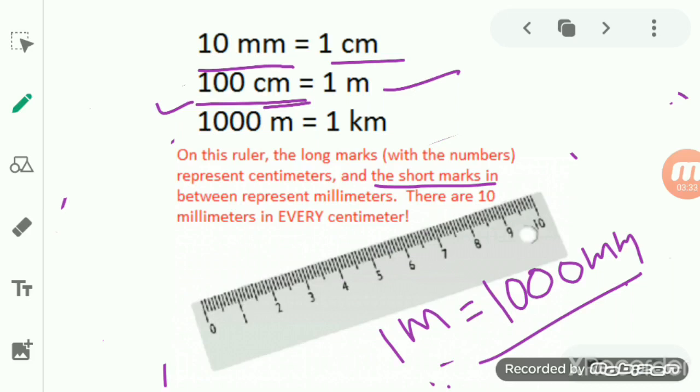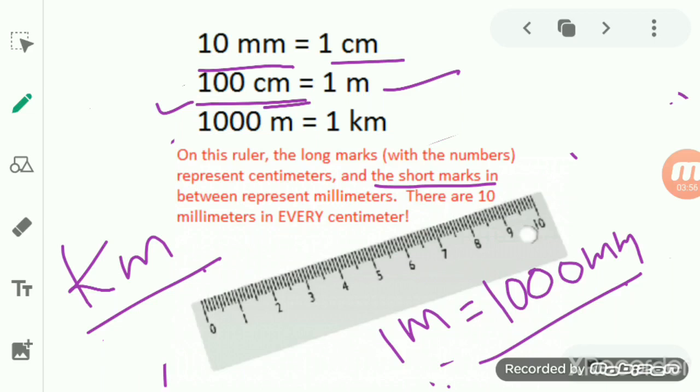For longer lengths, we do not use the meter only, but there is a multiple unit of the meter which we represent by kilometer. Kilometer is represented in abbreviated form by km.